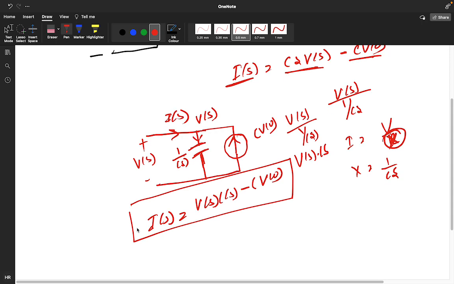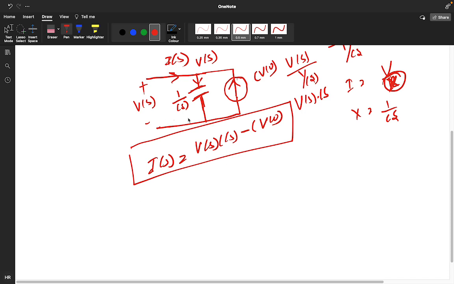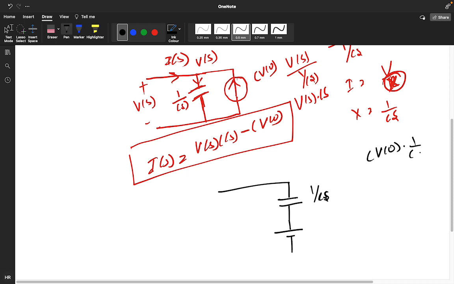Now, if you understood, you can convert this current source into a voltage source transformation also. You have a resistance, you have a current. If you want to represent this in terms of voltage, what will be the result? The capacitor will remain as 1 by Cs, and the voltage you will get is the multiplication of this: CV of 0 into 1 by Cs.